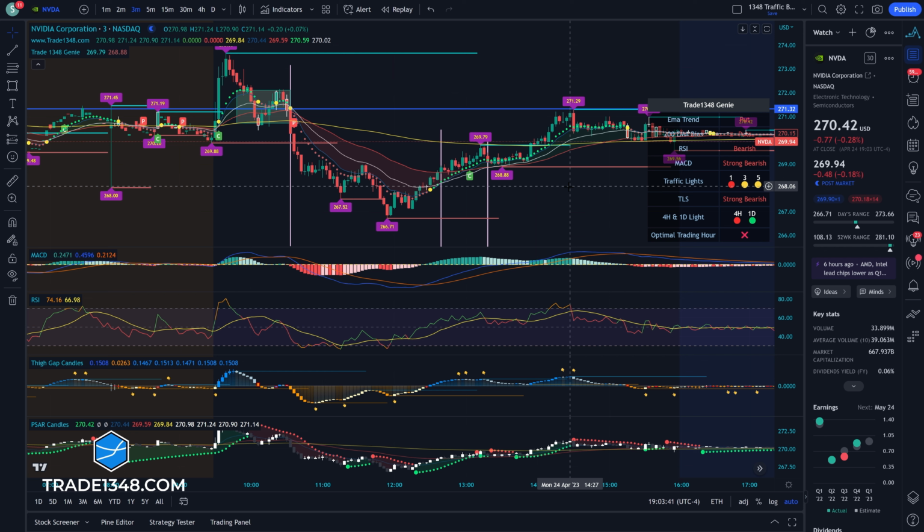I want you guys to keep playing with price action and the 24 EMA relative to the traffic light. And this is going to serve you well. Whether you have the older chart or whether you have thigh gap and SAR candles, which we feel, honestly, is certainly worth the upgrade to get these indicators.